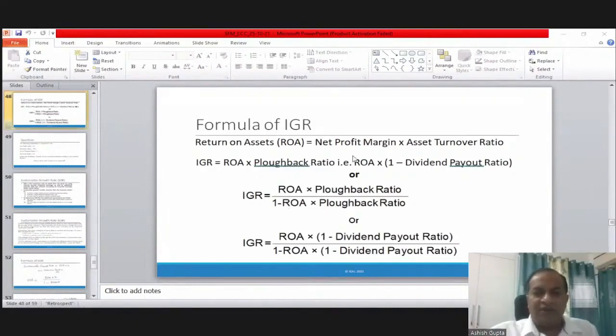From this, we can calculate the IGR: ROA into plowback ratio, that is 1 minus dividend payout ratio, or we can use either of these formulas. There is not an issue.